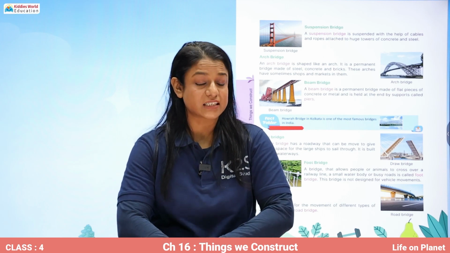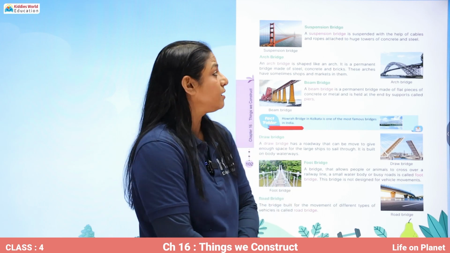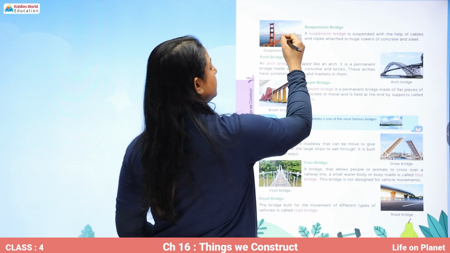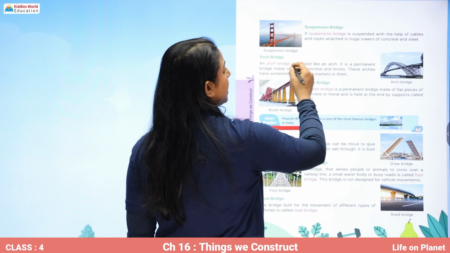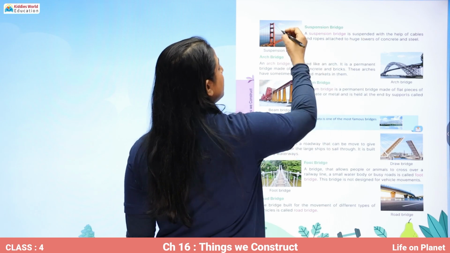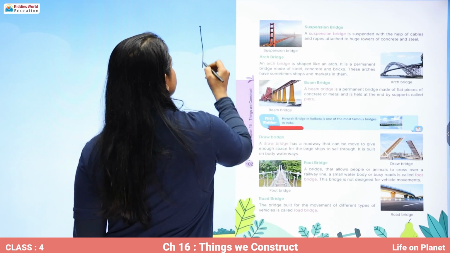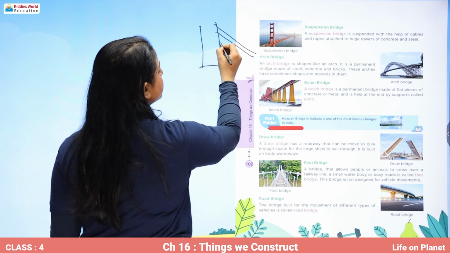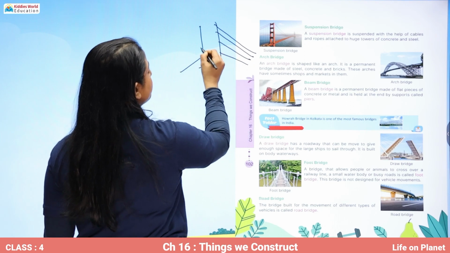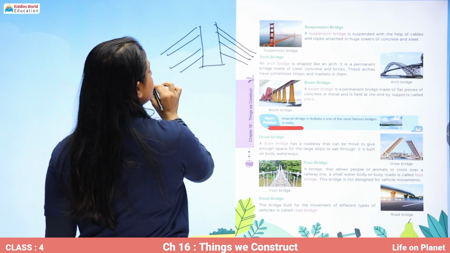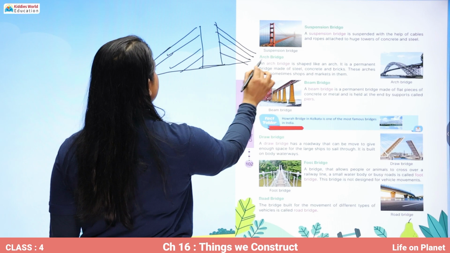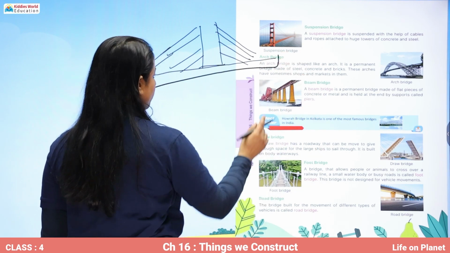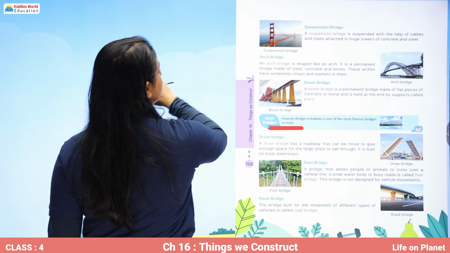Even near Delhi, a suspension bridge is being built, and it looks something like this, where the bridge is attached to big ropes. There is a tower, and through this tower many very strong ropes are attached, and through these ropes the bridge is suspended, or tied. Okay, so this is a suspension bridge.